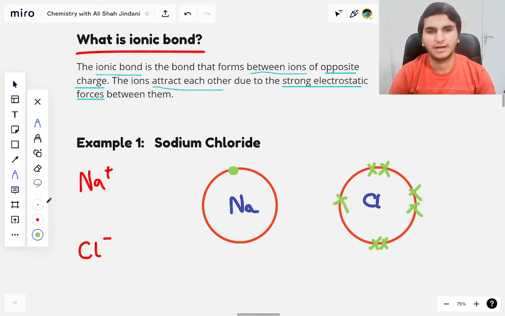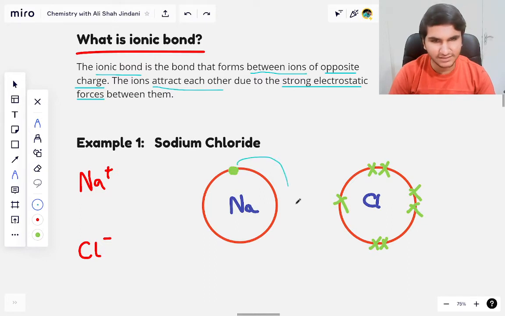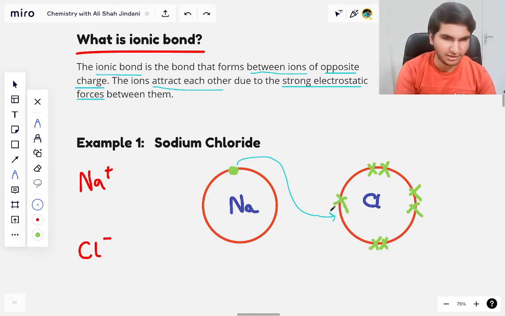Now, what we are discussing in ionic bonding is that sodium has a single valence electron, while chlorine has 7 valence electrons. So what do we do here? We basically transfer this electron to chlorine, and that is how they both become stable. So this electron goes to this position, and that is how ionic bonding works.